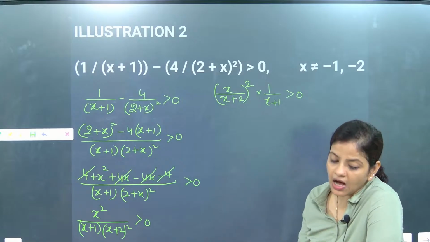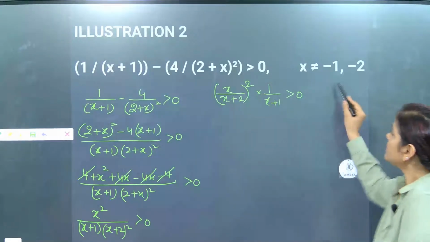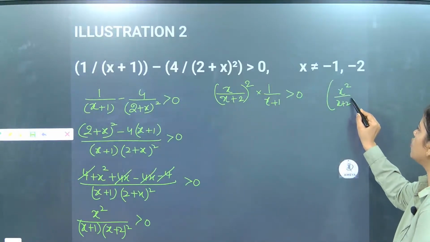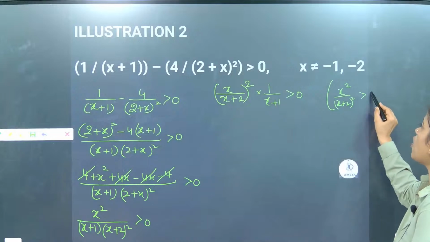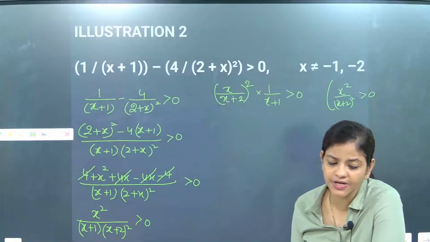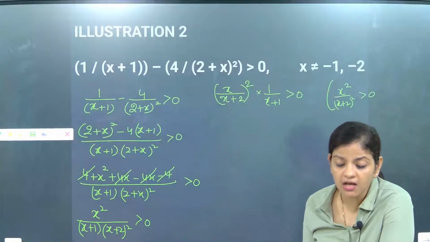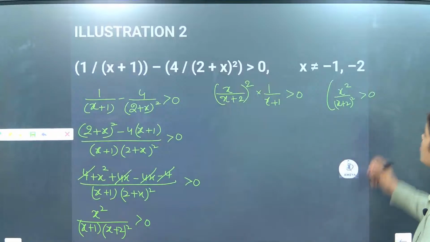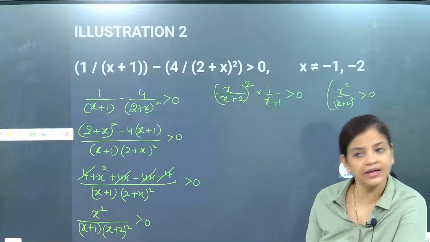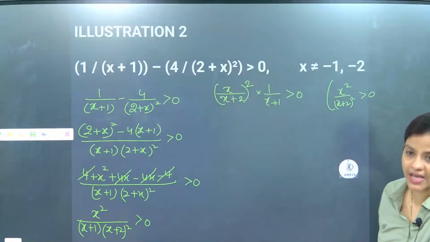Done. Now beta, after this you remember one thing, that x square and (x plus 2) whole square, what will it be, beta? It will always be greater than 0. Why will it always be greater than 0? Because any negative number you put in x, its square will always be positive.